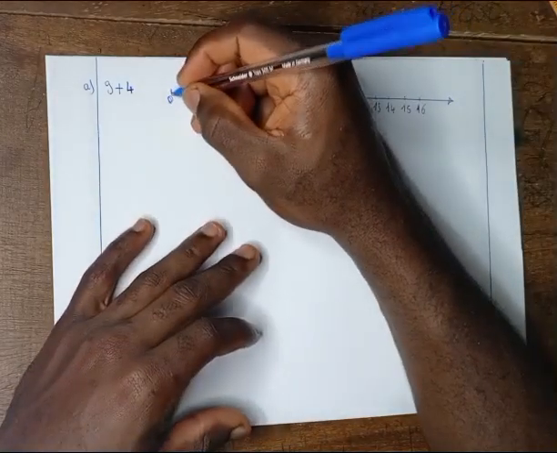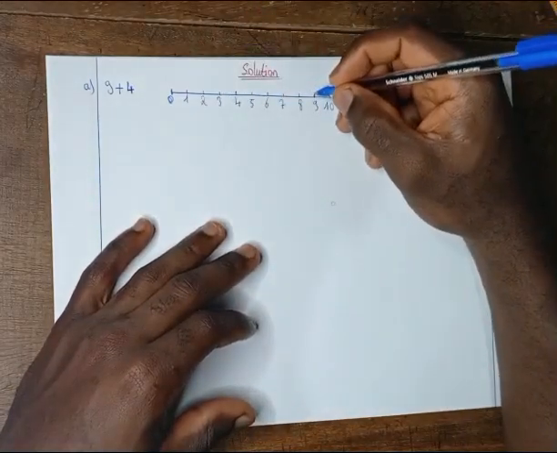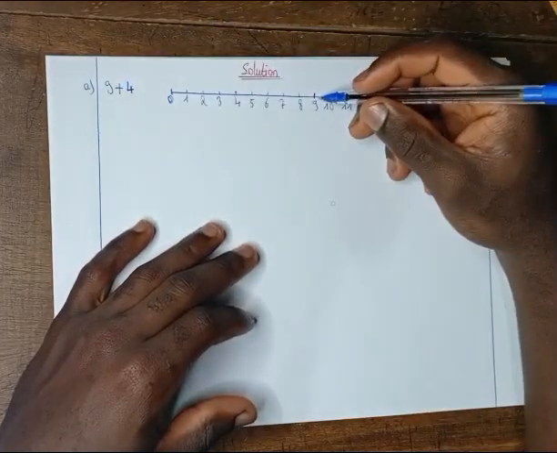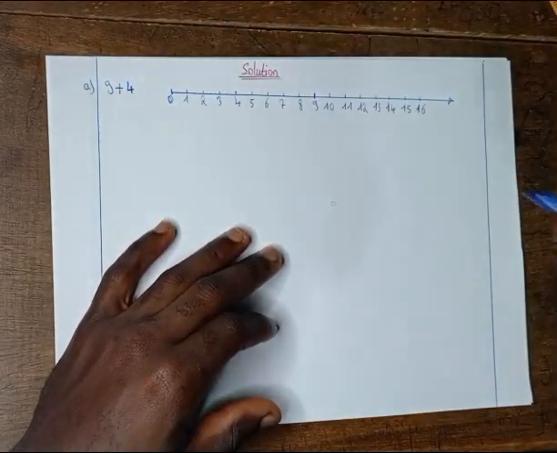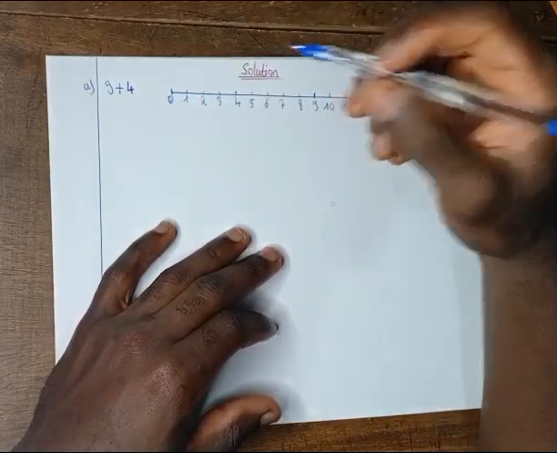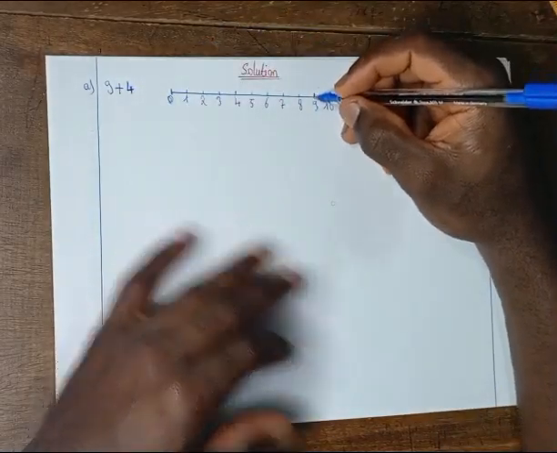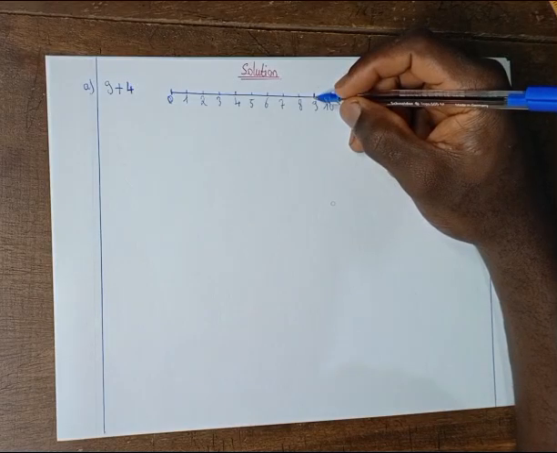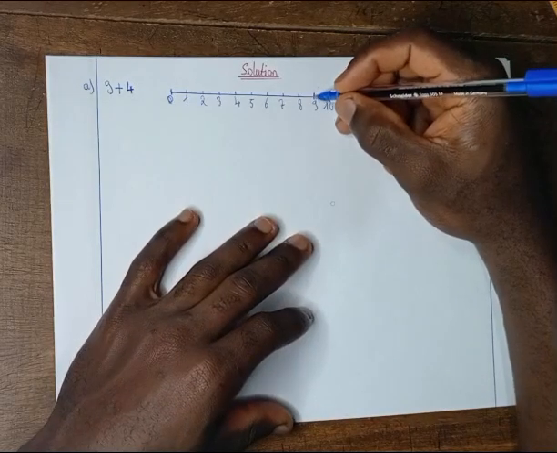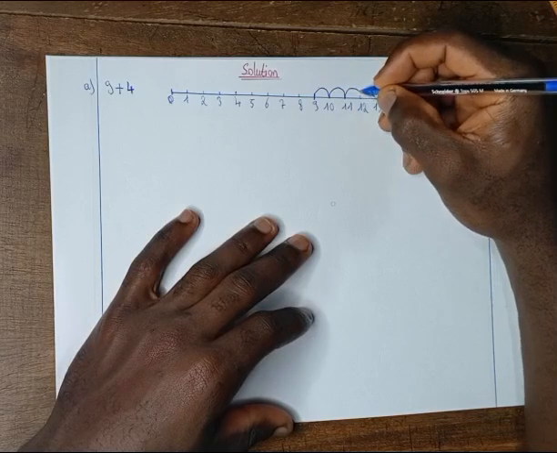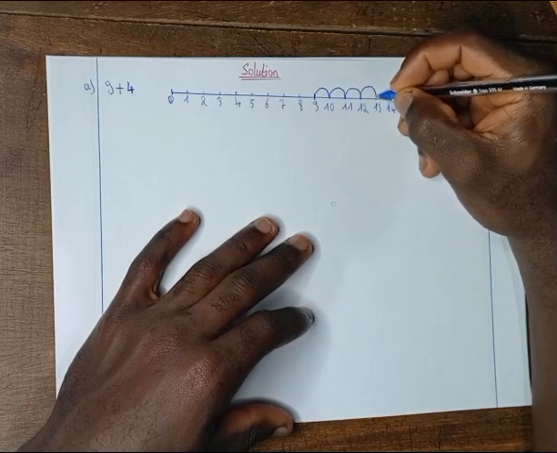So the first number is 9. This is our first number. The operation sign is addition. That means from 9 we have to move towards the right hand side. The second number is 4. So from 9 we have to move 4 units to the right hand side. So we are going to move 1, 2, 3, 4.